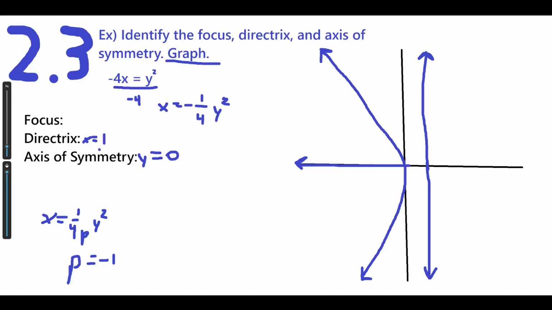And then our focus is just p, so (-1, 0). And something good to know for the focus is that it'll always be on the inside of the parabola, no matter where it is.